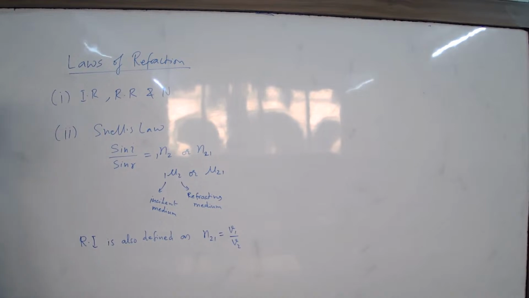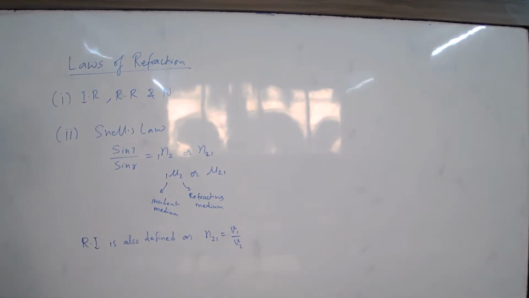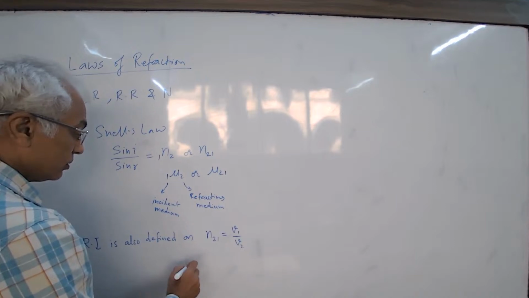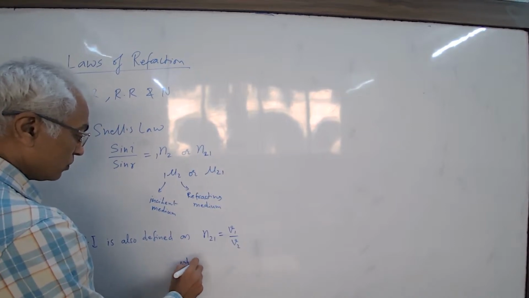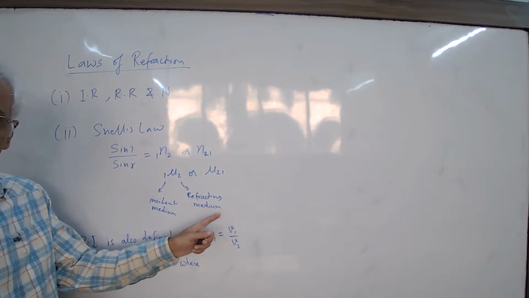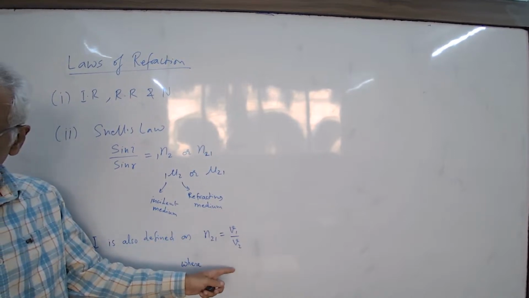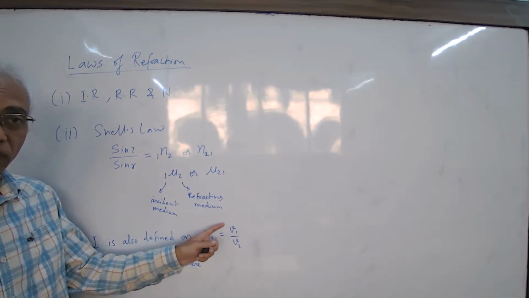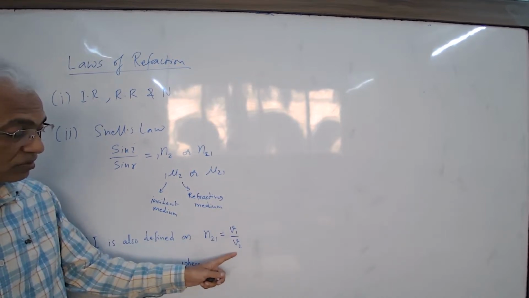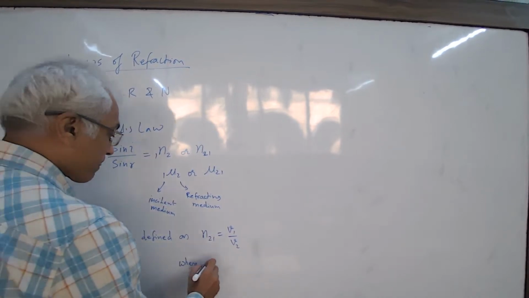The derivation of that is separate. What is v1 and v2? You should guess it: 1 is the first medium, the incident medium, 2 is the refracting medium. So v1 is the speed of light in the incident medium or the first medium, and v2 is the speed of light in the second medium.